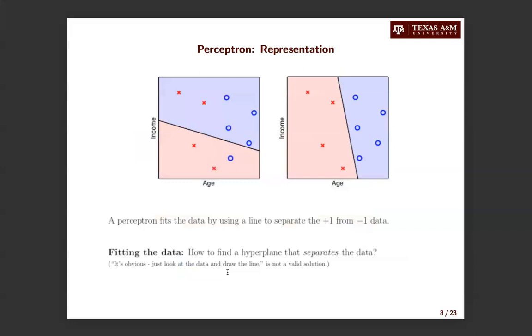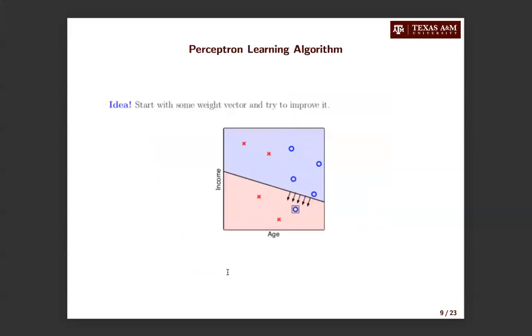So what we would like to do now, thinking about that, is to find the line W, or the hyperplane that is represented by the vector W, that separates the data. One idea, if we have a binary classification example in this case, is to start with a random line.